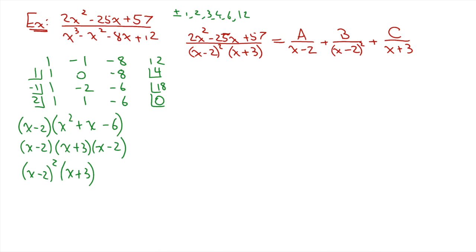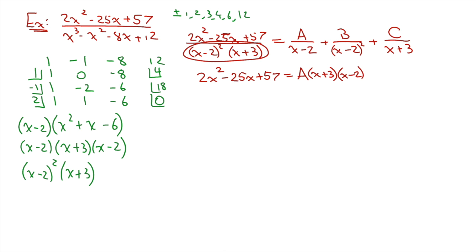Okay, so what do I do? Common denominator. Multiply both sides, and I'm just going to circle it. When I multiply both sides, it disappears on the left, and things are left alone on the right. So this becomes 2x squared minus 25x plus 57 is equal to A times x plus 3 and one factor of x minus 2, because only one of them is going to cancel.